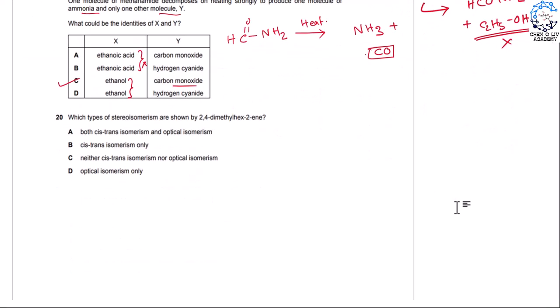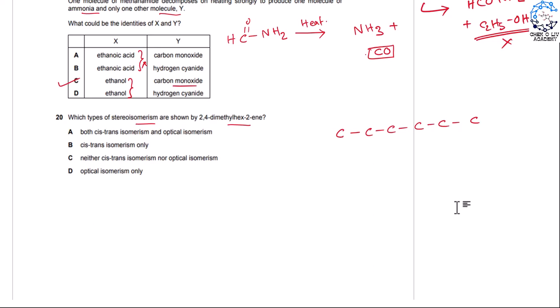What type of stereoisomerism is shown by 2,4-dimethylhex-2-ene? First we need to draw the structure. Hex means 6 carbons: 1, 2, 3, 4, 5 and 6. Then there's a 2-ene if we number from this side.